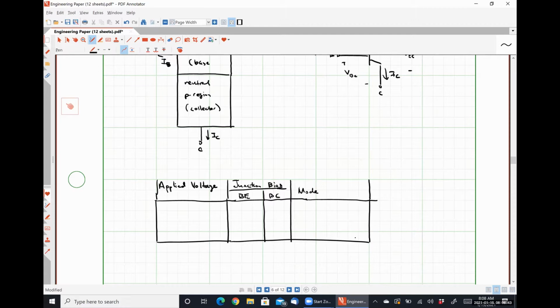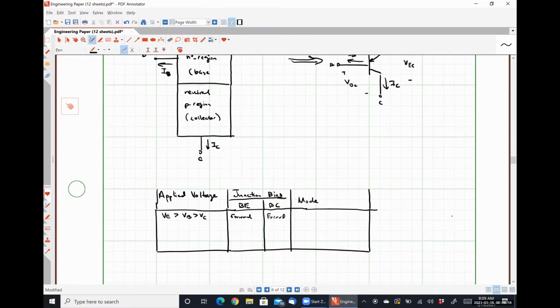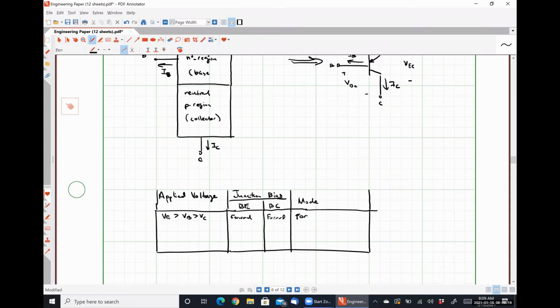So when VE is greater than VB is greater than VC, the BE junction is forward biased. The BC junction, that should be reversed. Hold on just a second. Oh, maybe not. We get forward active.